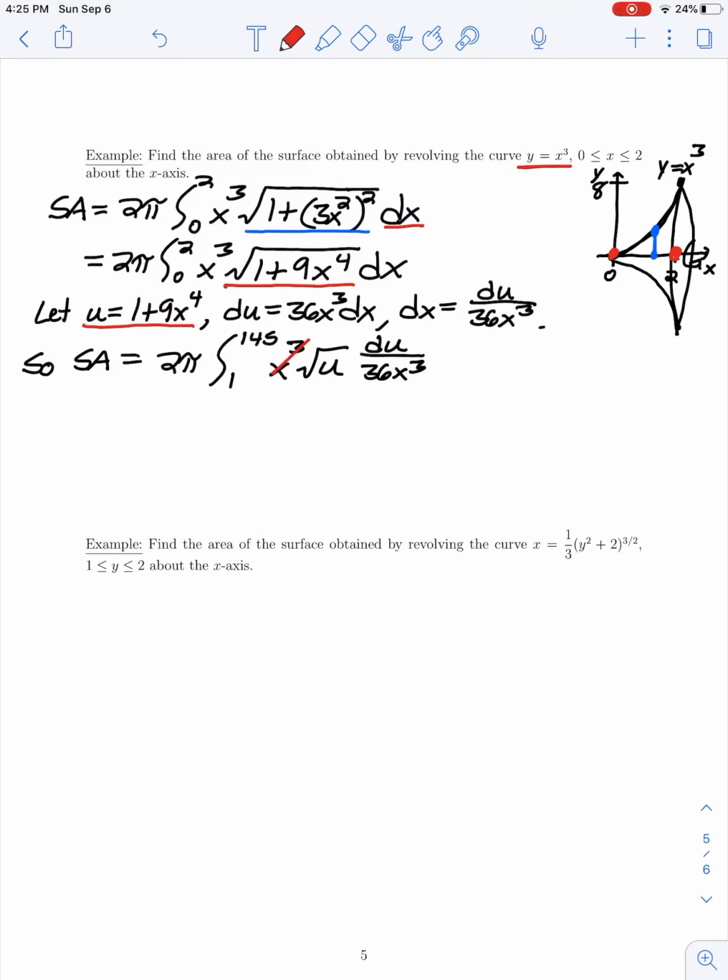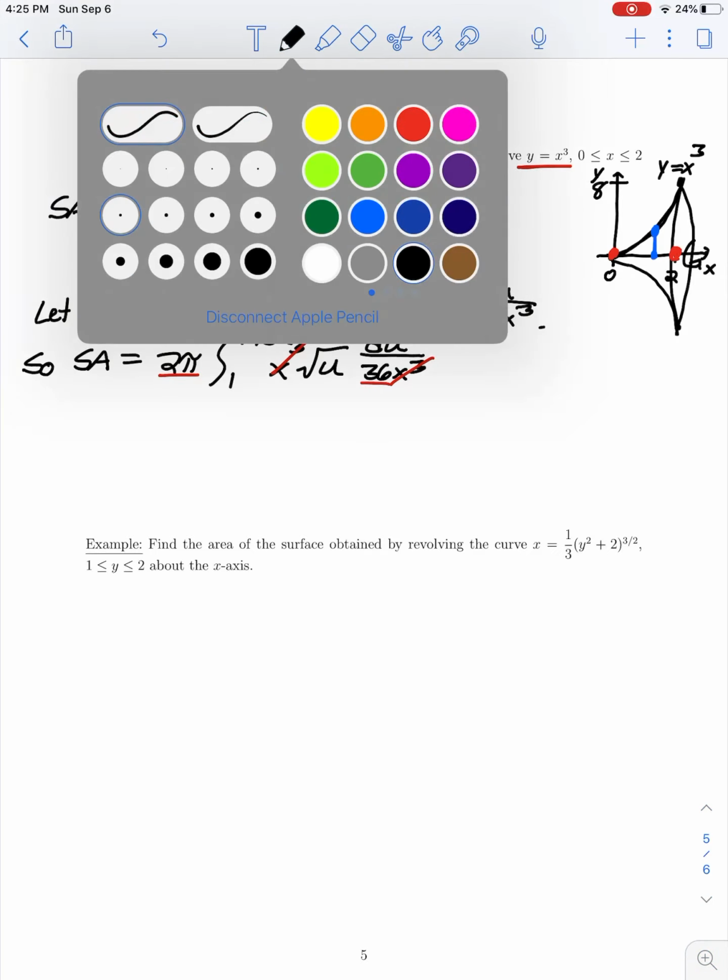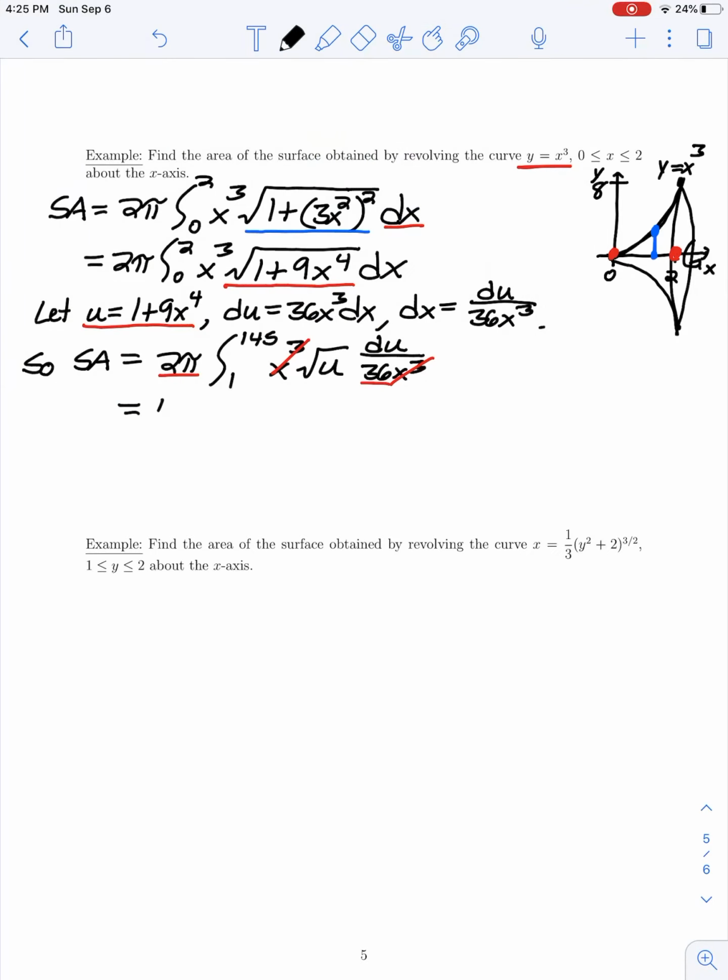So after making the substitution, we can see a factor of x cubed on top and bottom will cancel. And then I can group the constant terms, 2 pi with this 1 over 36, which would give me a pi over 18 out in front of the integral.